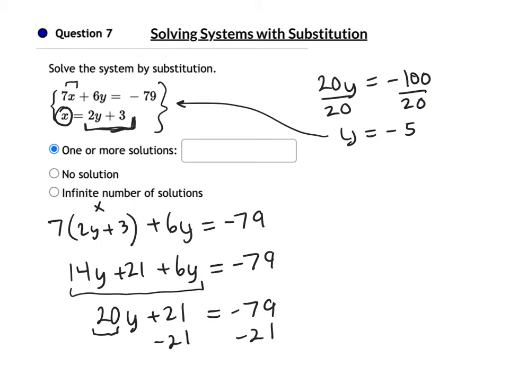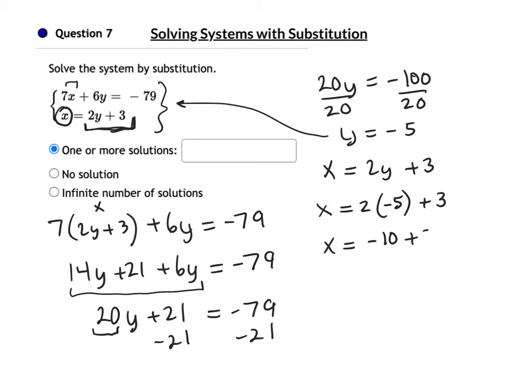The one that's solved for is generally a little bit easier. X equals 2y plus 3. X equals 2, and replace y with negative 5, plus 3. That means x is negative 10 plus 3, and negative 10 plus 3 is negative 7. Our answer is an ordered pair in alphabetical order, negative 7, negative 5.